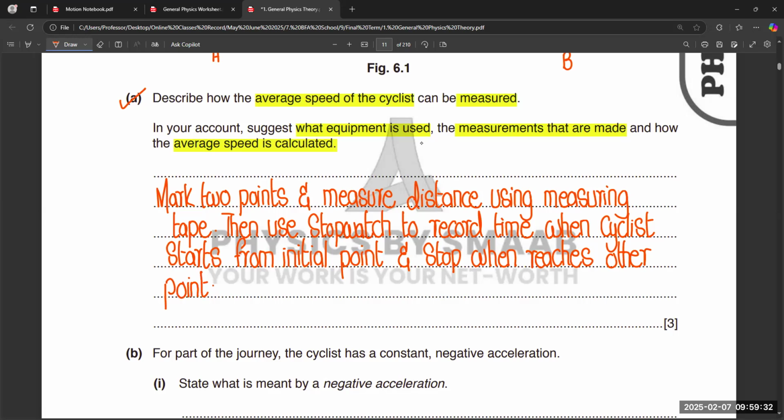Then finally we need to apply the formula V is equals to distance upon T. We can also repeat this experiment for several times to get average value.